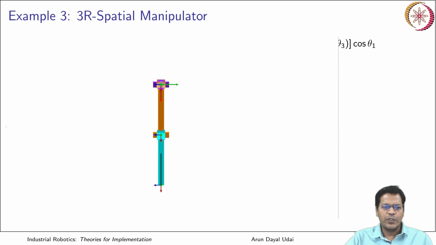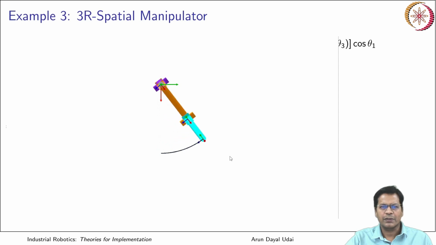Now, keeping the second link and third link exactly at the end location where they were, let me move the first joint. You see how it moves? I am now moving the first joint from 0 to 45 degrees.